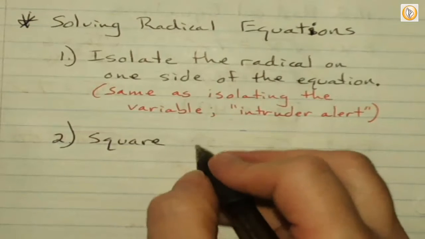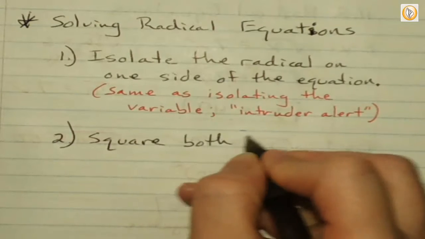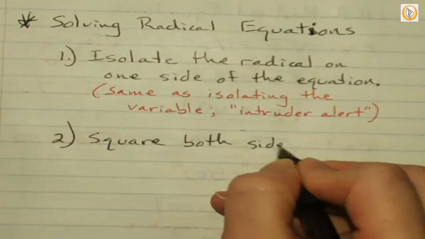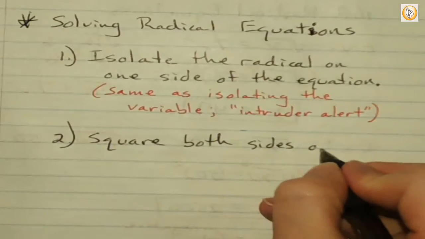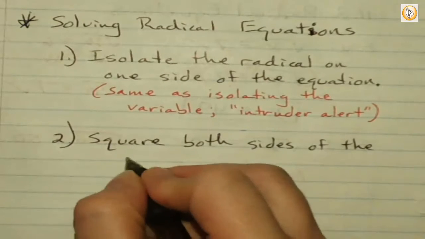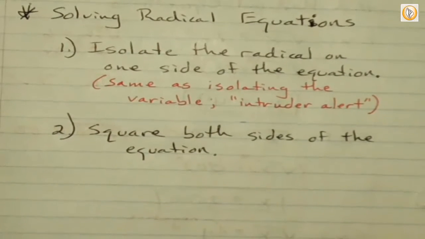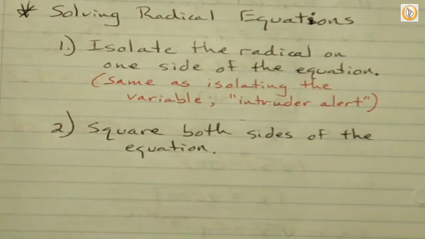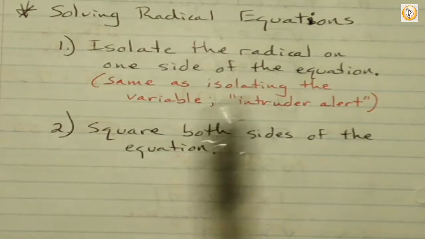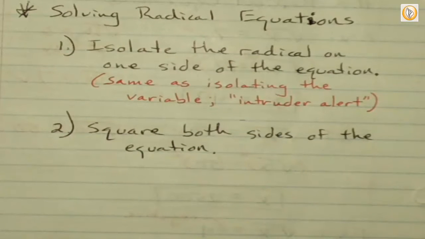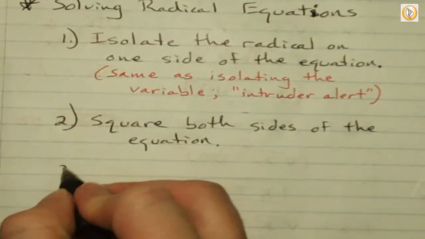Step 2, square both sides of the equation. That's what I just showed y'all. You know, getting rid of the radical sign, squaring both sides. So the first step is to isolate the radical on one side. Then step 2 is to square both sides.